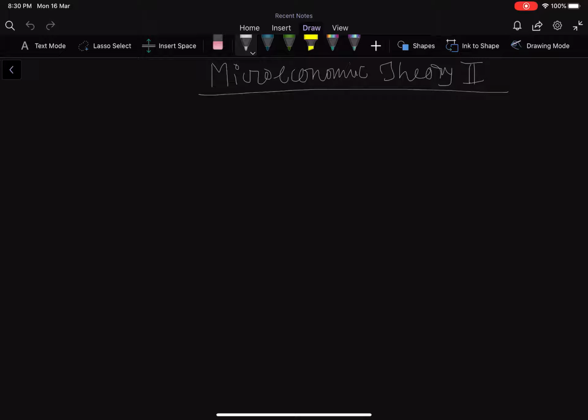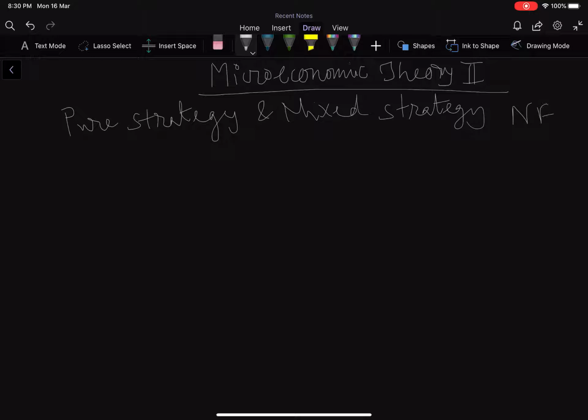And we made a distinction between pure strategy and mixed strategy Nash equilibria, where in pure strategy Nash equilibria, we look for specific actions played by players with probability 1 as part of Nash equilibria, and in mixed strategies, we look for cases where players probabilistically pick one of the two actions or strategies.